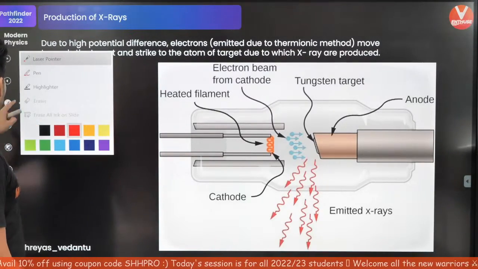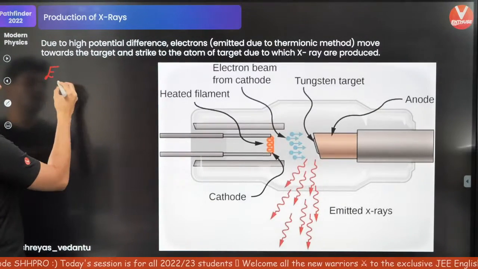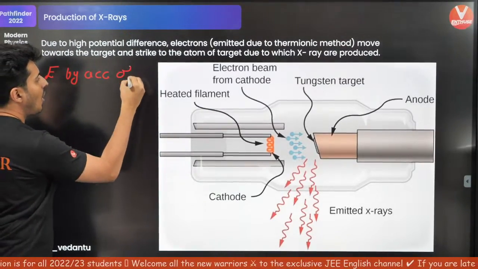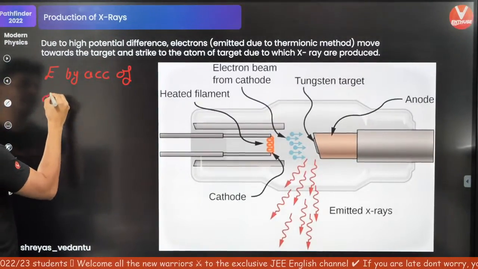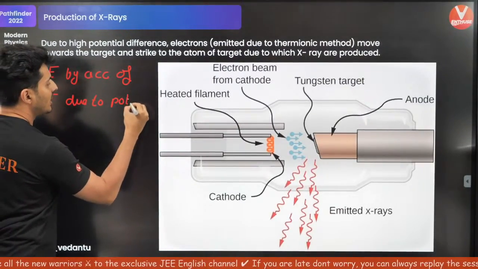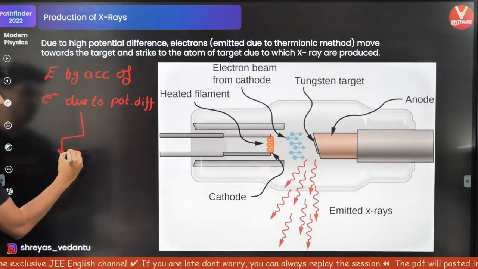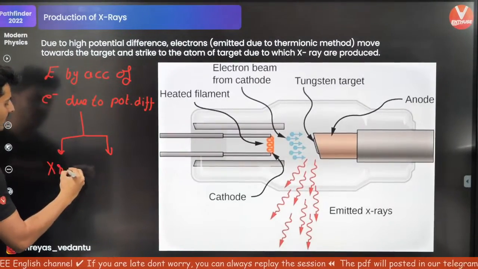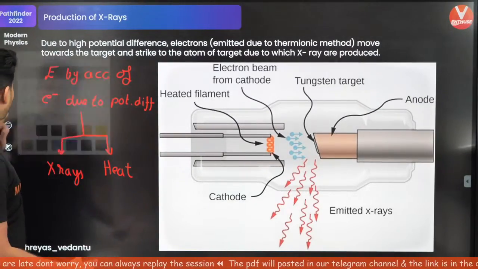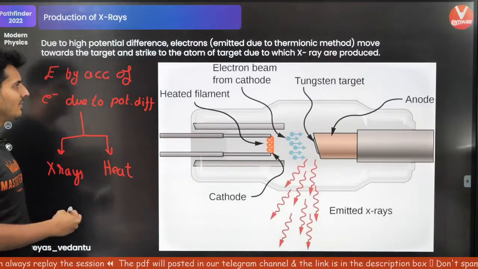So before going ahead, a quick revision. The energy provided by the acceleration of the electrons due to the potential difference will go into two things. Number one, X-ray production, and some of it is lost as heat. If you are wondering how much energy will be provided due to the acceleration by the potential difference, that's simple.